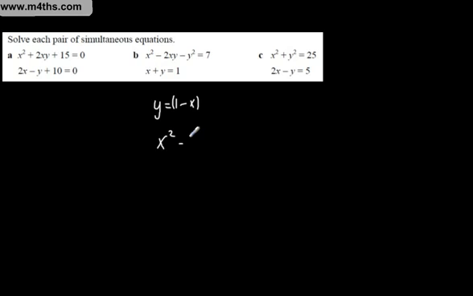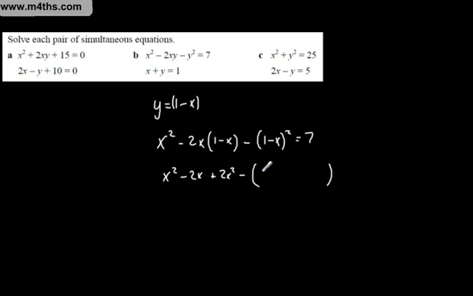x squared minus 2x times y, which is 1 minus x. And then minus y squared. Well, this is minus 1 minus x all squared is equal to 7. So expanding out, 2x squared minus 2x plus 2x squared minus, and we've got to be careful here, we'll have 1, then we'll have minus 2x plus x squared.